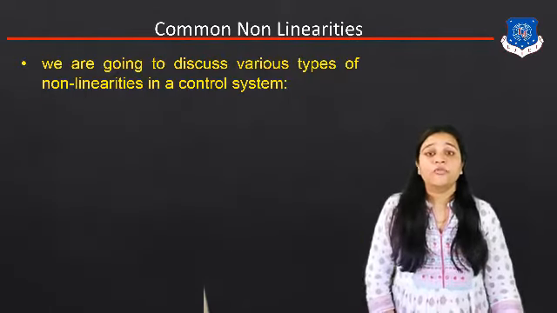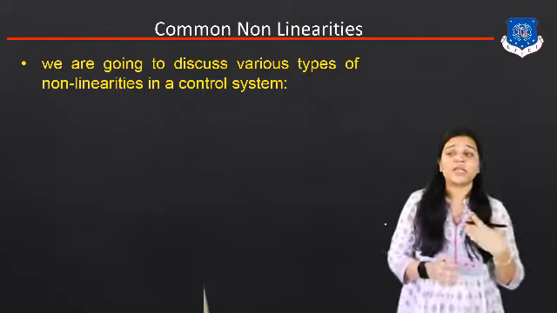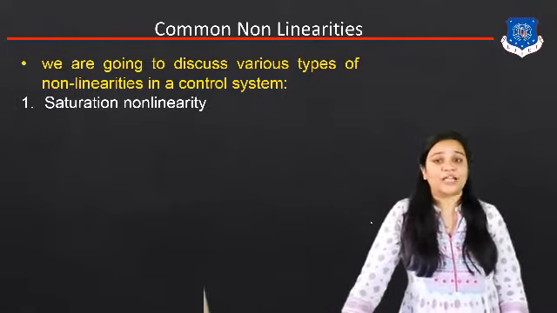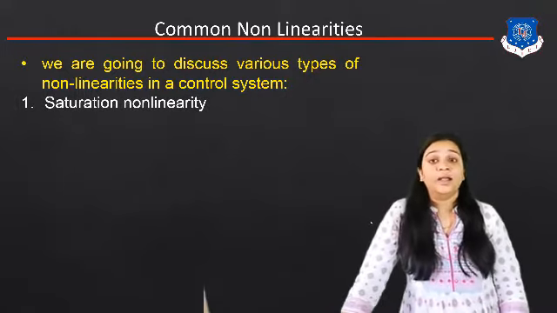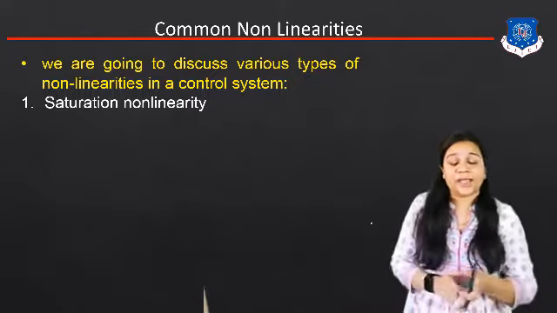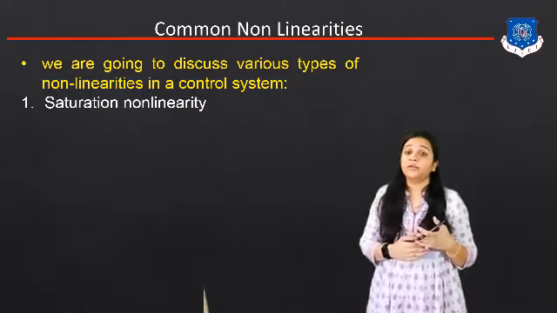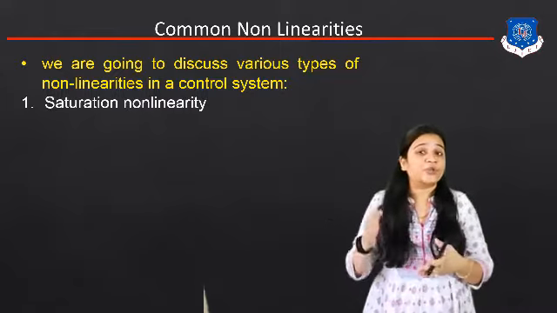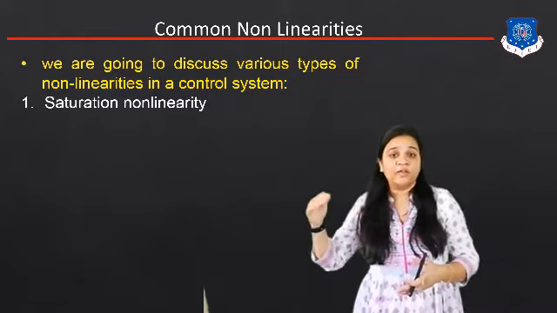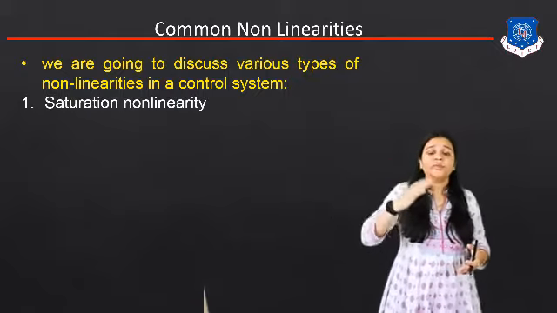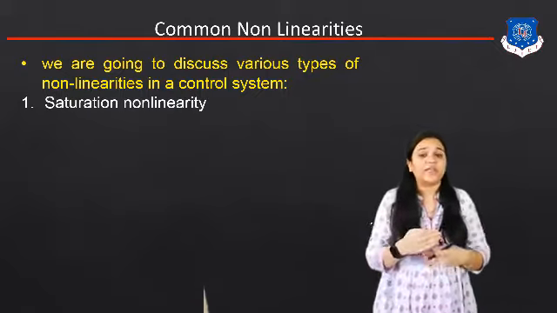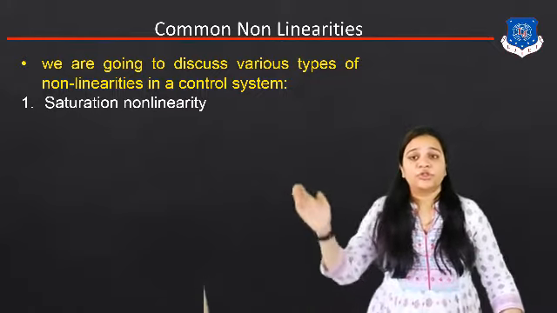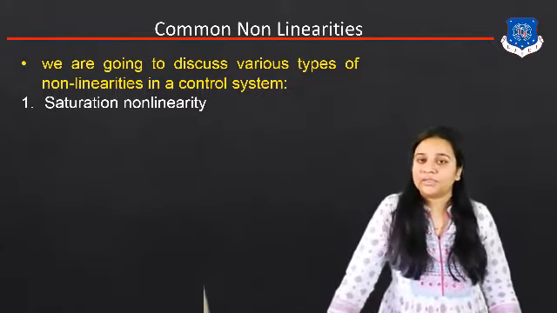Now we are going to discuss various types of non-linearity in the control system. The first one is saturation non-linearity. As we already discussed, when we draw the step response for this mechanical system, after some point we get a fixed value of x. If we change the value of omega, the value of x will not change. That type of non-linearity is known as saturation.